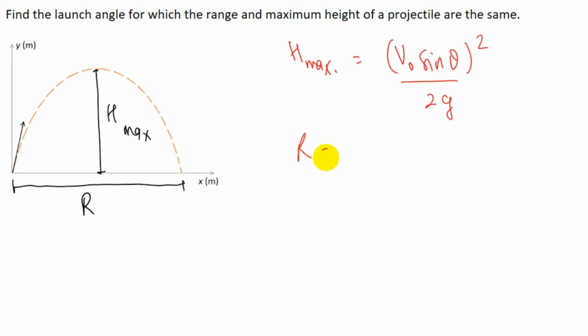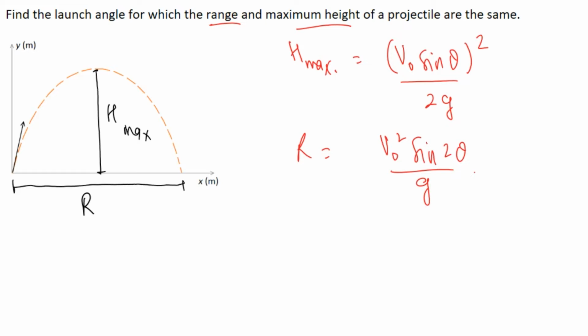And the range, we derived this formula to be v0 square sine 2 theta divided by g. Now we're going to equate these two things to find theta, because it is given that range and maximum height are the same. So let's equate these two things and find the launch angle theta.